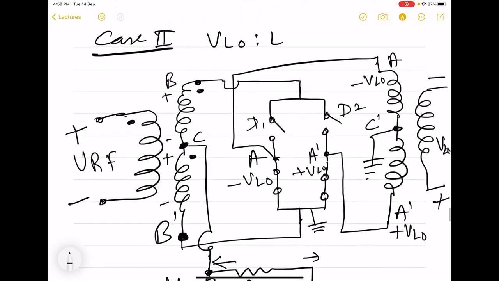During the second half of LO, we see that now B is isolated because D1 and D2 are open circuit, and B dash is grounded because A and A dash are of opposite polarity. So again, LO is not able to reach between B and B dash, and hence it will not be present on the primary of the RF.